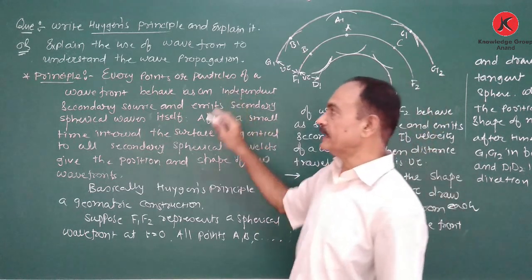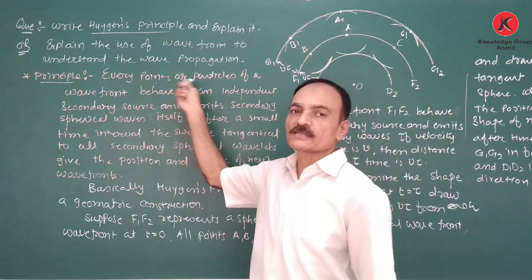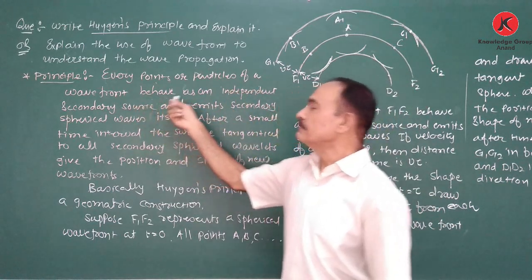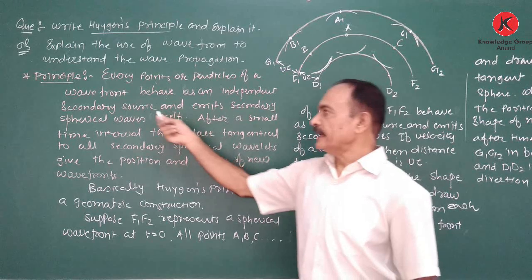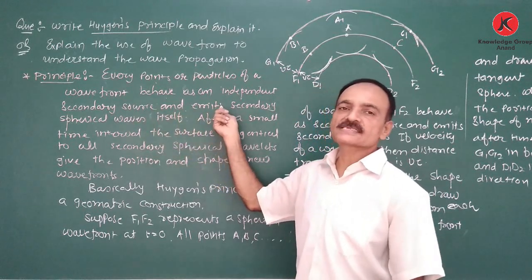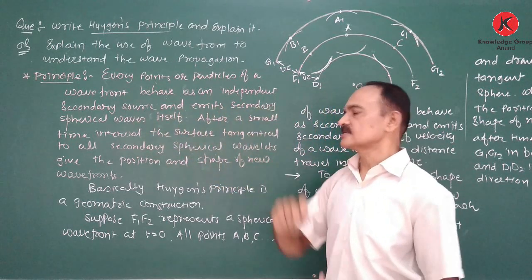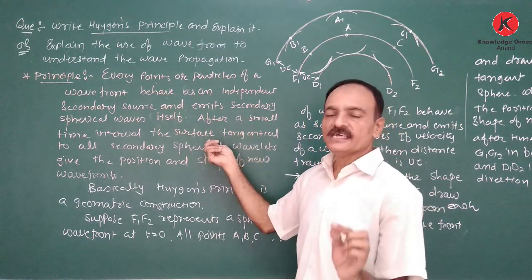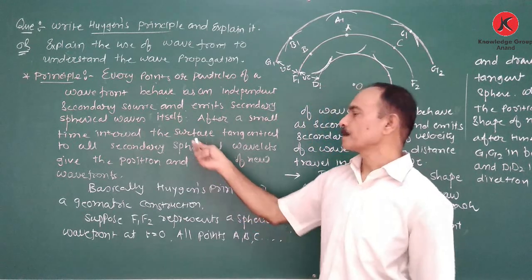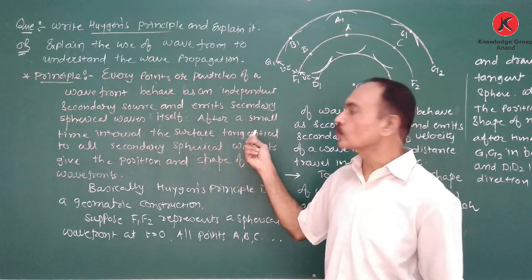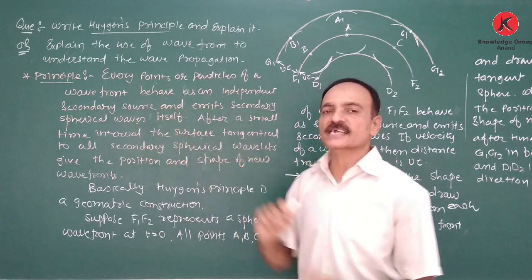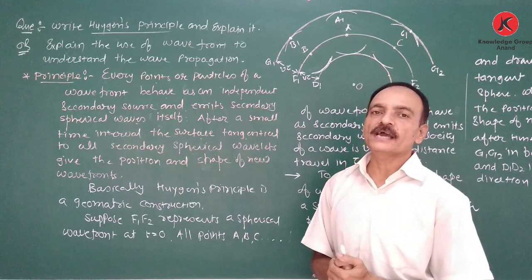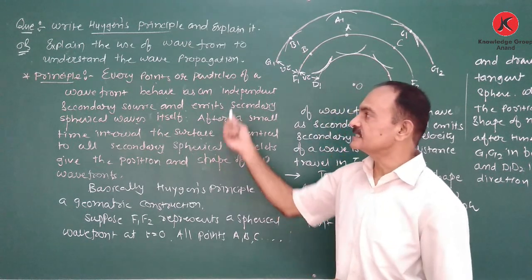So keep in mind the statement: every particle of a wavefront behaves as an independent secondary source and emits spherical secondary waves itself. After a small time interval, the surface tangential to all spherical secondary waves gives the position and shape of a new wavefront. That is the Huygens principle.